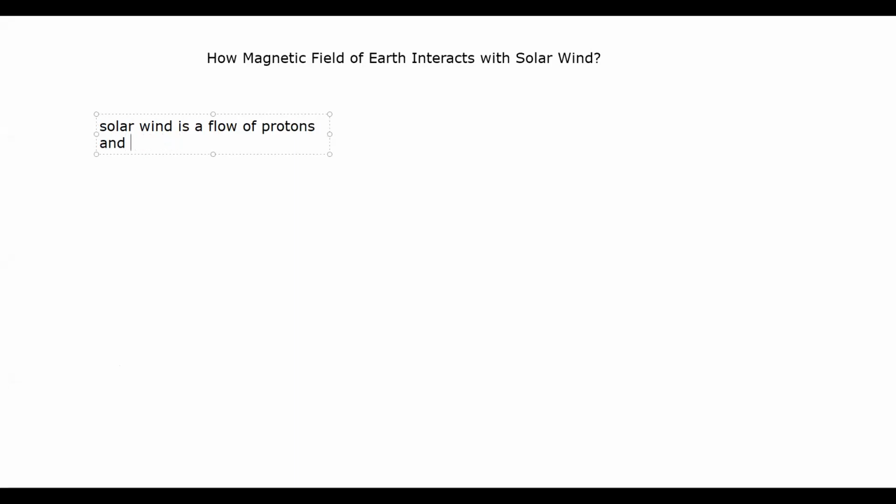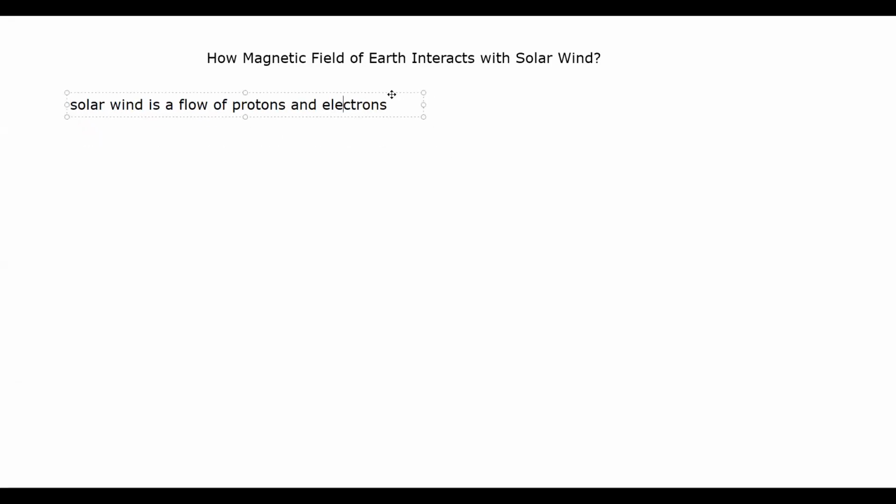They fly at a very high speed. They're emitted by the sun, and they move in all directions, obviously. And Earth is one of the directions. The solar wind will interact with our magnetic field.